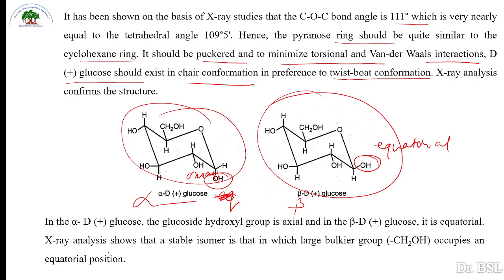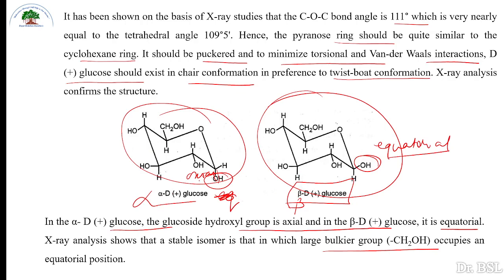X-ray analysis showed that the stable isomer is that in which the large or bulkier group occupies an equatorial position. So beta D-plus-glucose is preferentially more stable than alpha D-plus-glucose.